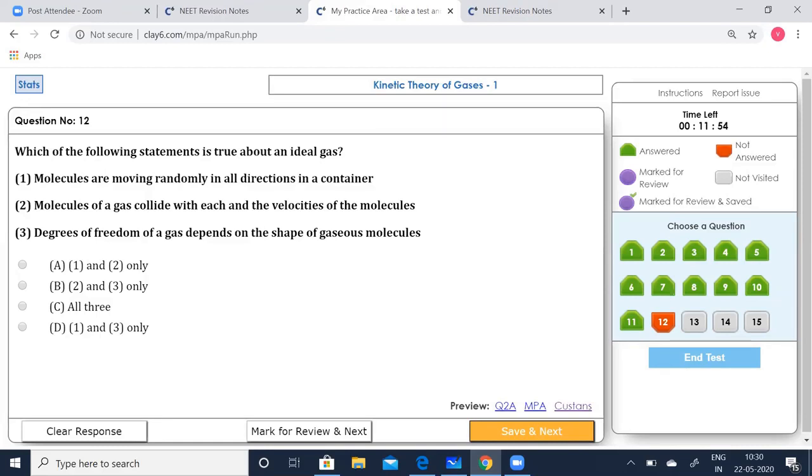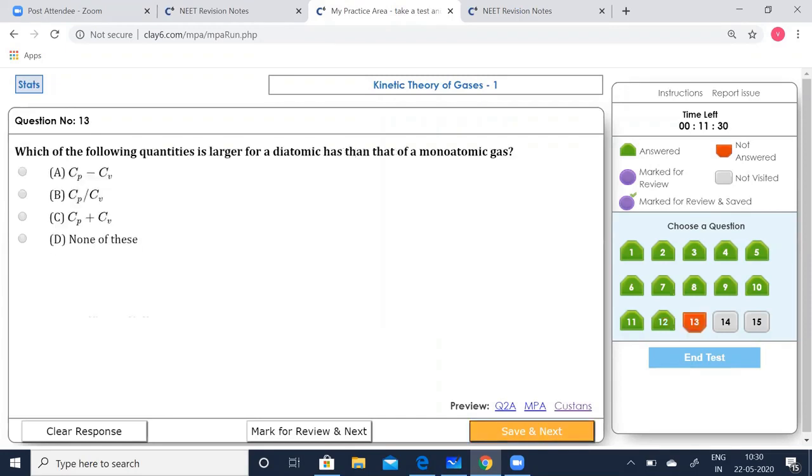Now, the kinetic theory of gases states that all the above facts can be correct. That is, molecules are moving at random motion, molecules of the gas can collide with each other, and the degrees of freedom of the gas depends on the shape of the gaseous molecules. So all the three should be correct. Option C. Click that. Go to the next.